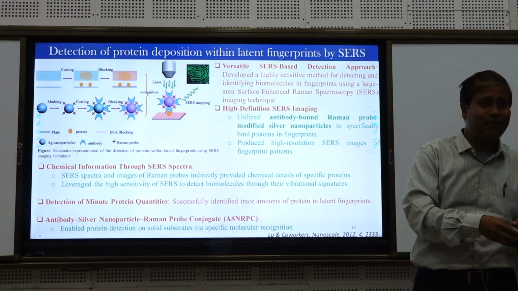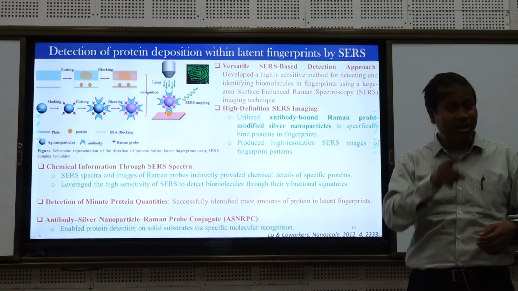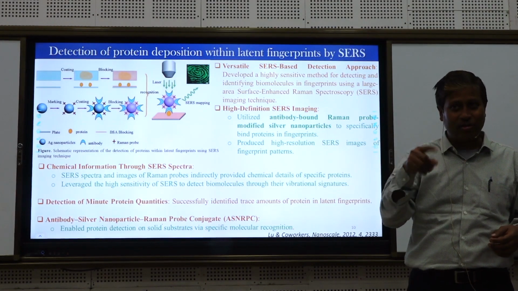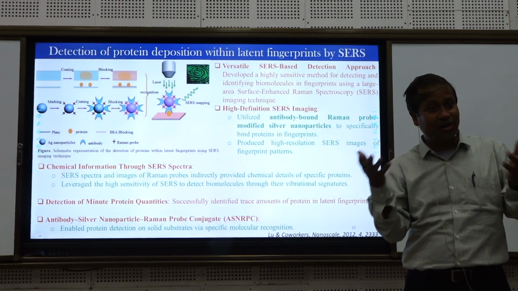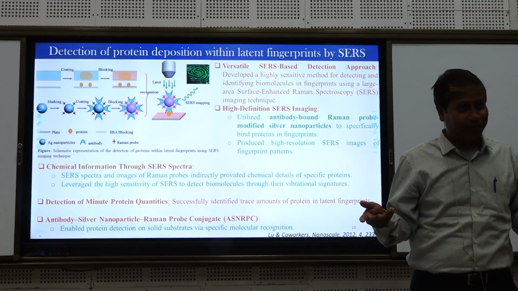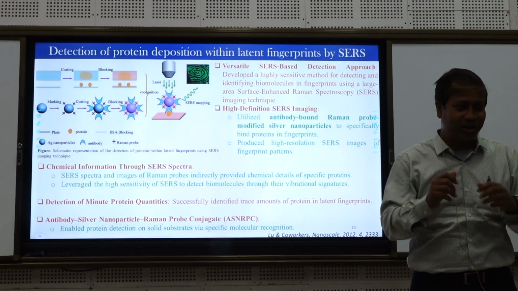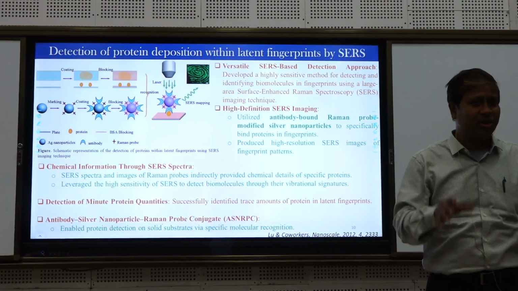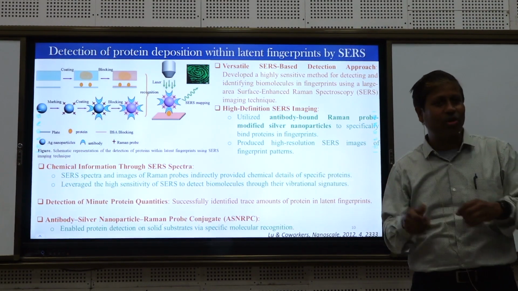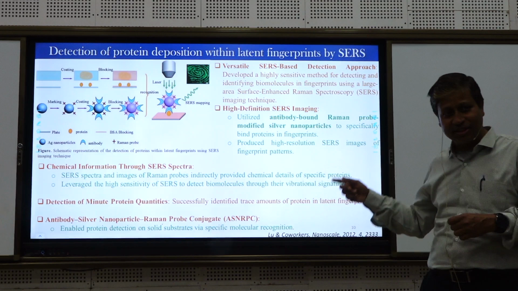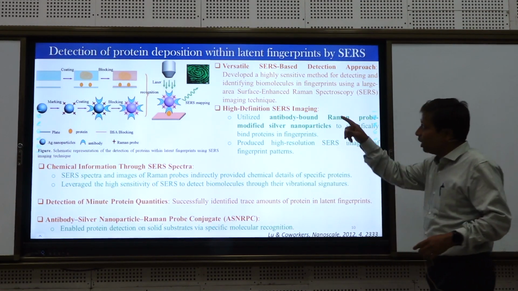But the person who gave the sample said there is glucose in it. And finally he got some glucose peak, glucose, sucrose, whatever, that peak he got. So apparently the spectrum doesn't look different. So analysis is very important. Only thing is that we don't care about analysis. We just want to have a very clear spectrum and only then we say something. But analysis is a very important aspect of Raman spectroscopy.